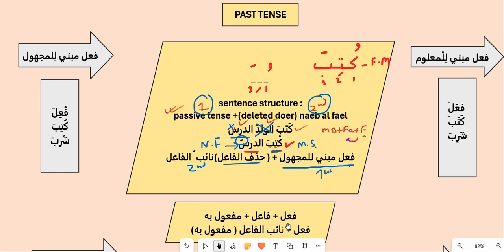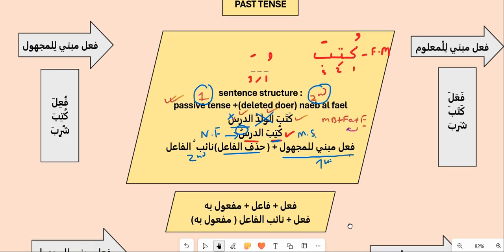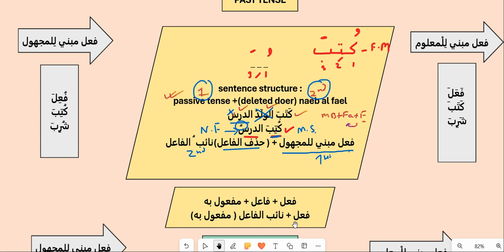And I have given here the formula of the simple sentence: fail, fail, and maful bihi. The moment you change into a majhul sentence, what will be the formula? Fail plus naibul fail. This naibul fail was originally the maful bihi. So this is the basic understanding of the verb, how it changes to majhul.